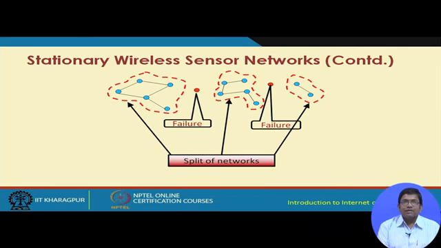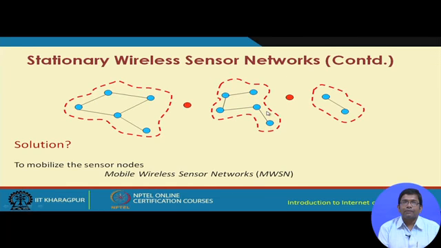As a consequence, we would have three partitions or three split ups of the network due to these points of failure. So what is the solution?